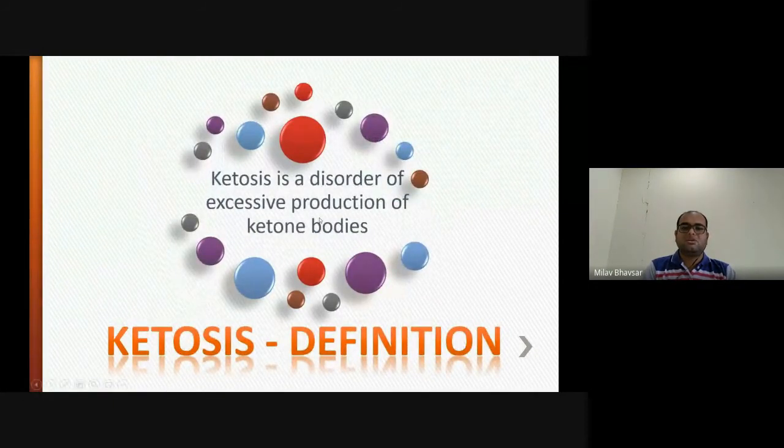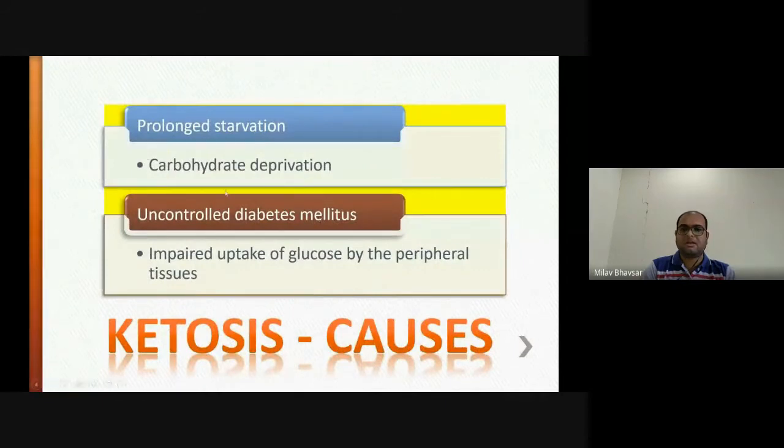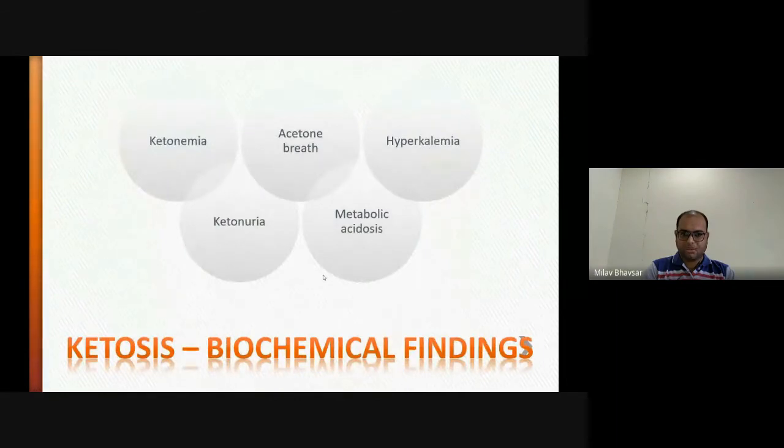It's a disorder of excessive production of ketone bodies, too much amount of ketone bodies. Where can it happen? When there is carbohydrate deprivation or impaired uptake of glucose by the peripheral tissues. What will be the findings? Ketonemia, too much amount of ketone, acetone breath.